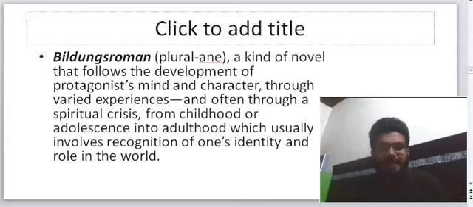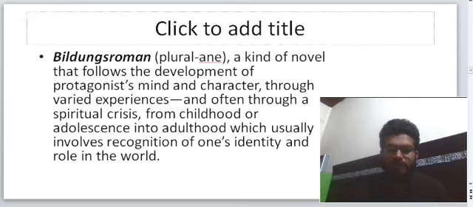So, this character spends time, faces different difficulties, experiences many things, and then becomes mature. So, from childhood or adolescence he enters adulthood, he becomes an adult, and then through these experiences he recognizes his own identity, what he truly is, and what is the role that he can play in the world.